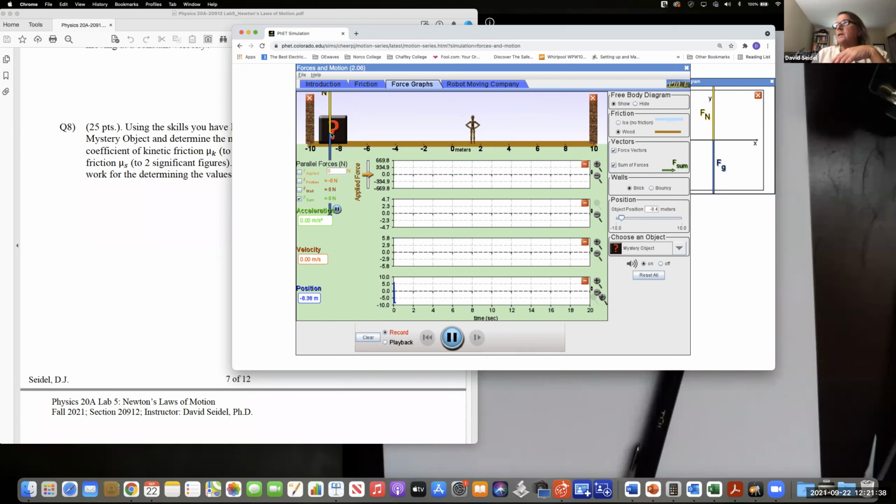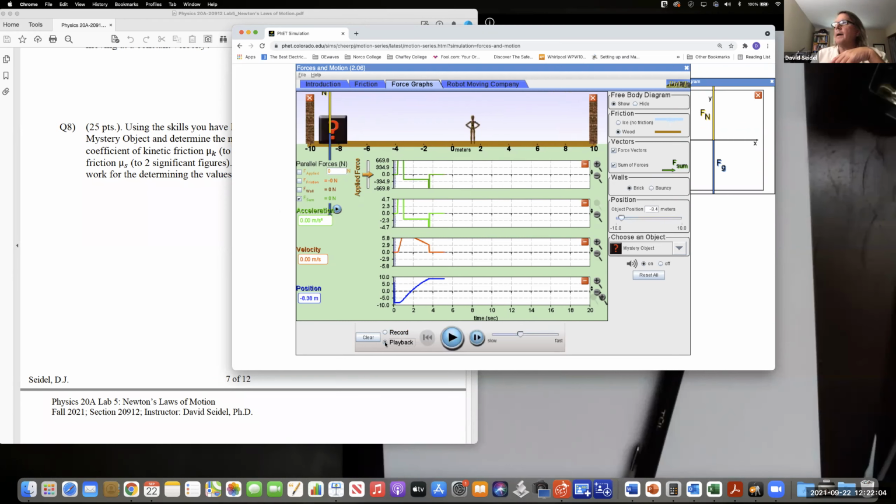So let's just get this guy started moving. Okay, so it's moving now. Now it's slowing down. And it hit the wall, but that's okay, because now we pause it.